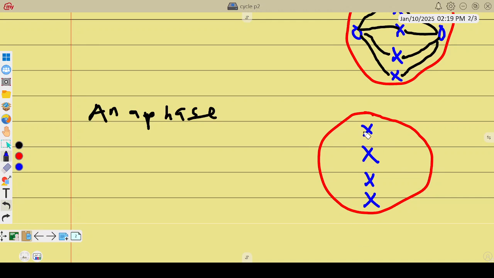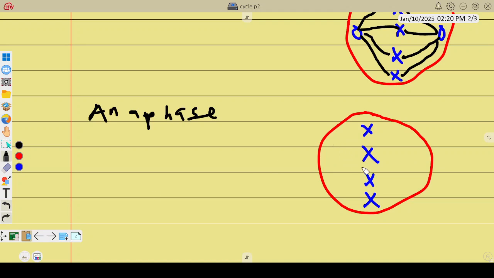These chromatids will now be pulled to the opposite poles. Remember, we have the centrosomes, so the spindle fibers will pull the sister chromatids to the opposite poles.